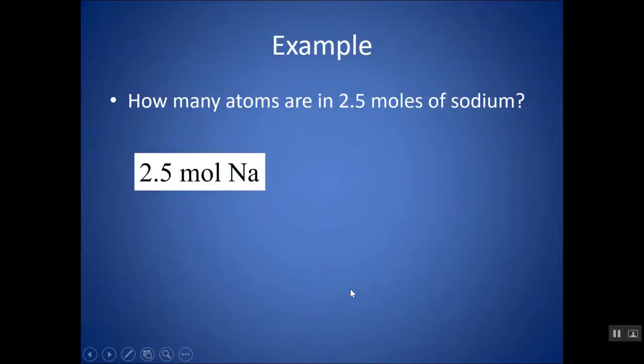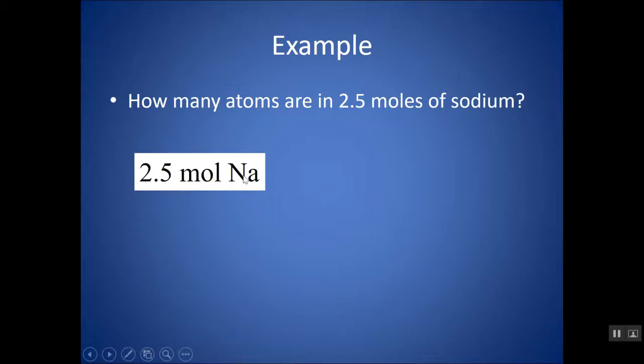Okay, now that we've got some of that terminology, let's practice some examples. Take a moment, try this. How many atoms are in 2.5 moles of sodium? So I'm going to write the 2.5 moles of sodium to start with. Like I said, I like to be super specific about my unit, not only moles, but moles of what? Moles of Na. Why is this important? Because eventually I might be in moles of something else, and this will help guide my conversion factors.